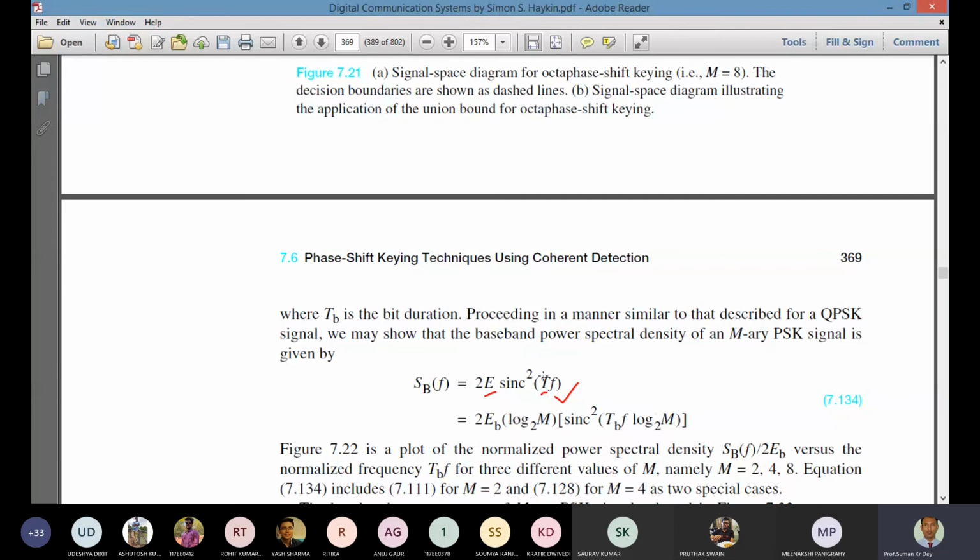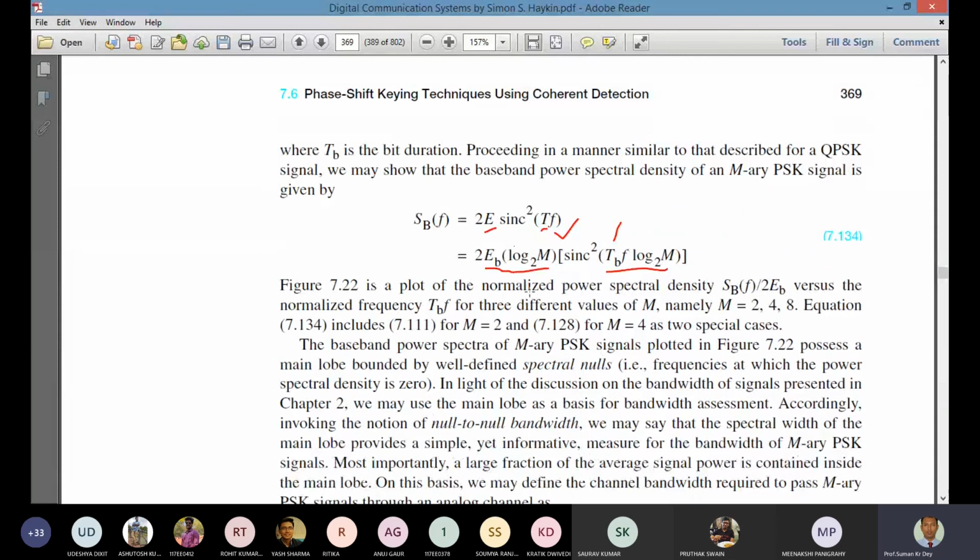So we correspondingly place the value for the bit duration TB times log 2 base M, which is the symbol duration. And the energy is how many bits there are times the energy per bit. That's why we multiply EB with log 2 base M. So that will give us the value of E.